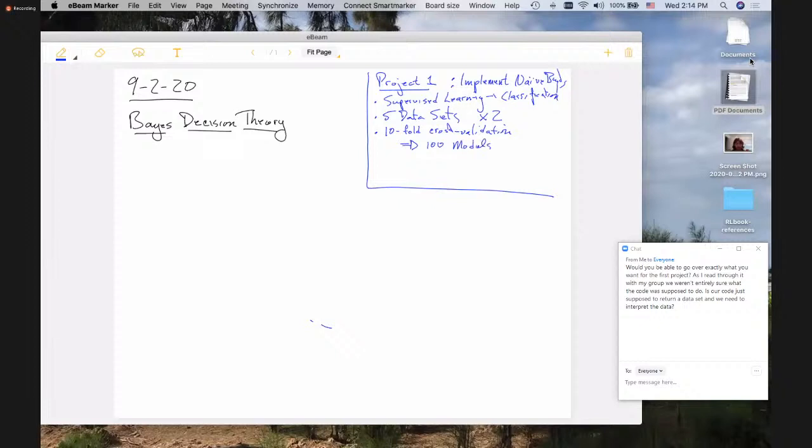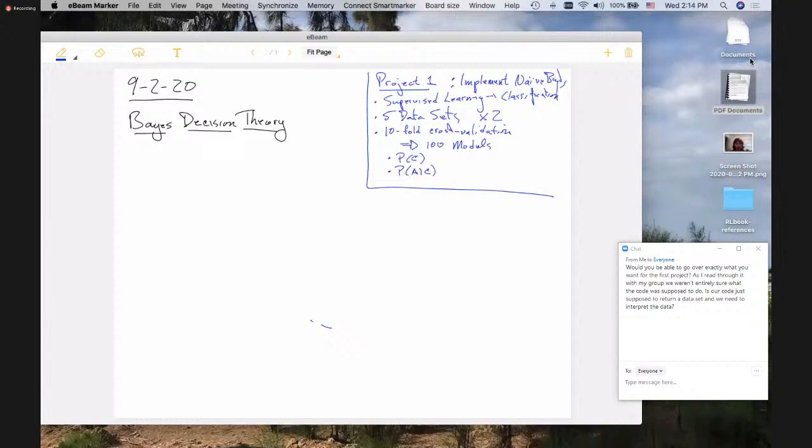So what do the models look like? The models consist of estimates of the class probabilities, as well as estimates of the class conditional attribute probabilities.